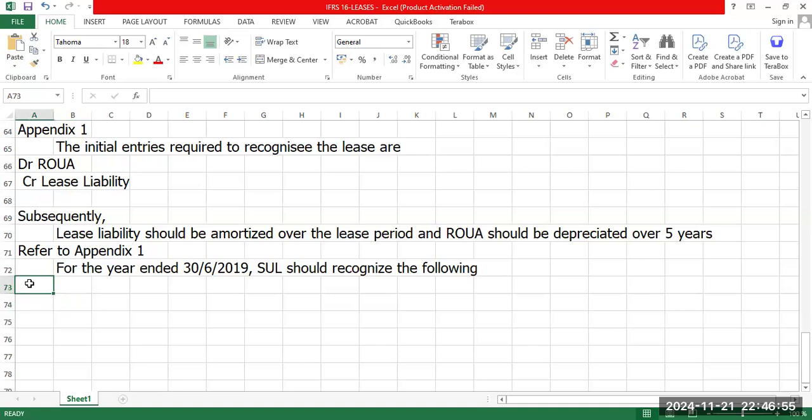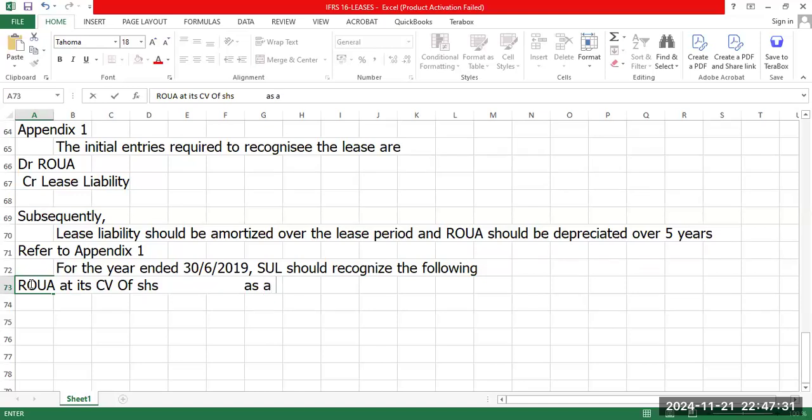Number one, I will have the right of use asset, and it should be recorded at its carrying value of shillings. Now here I leave the space, because I have been doing these numbers.